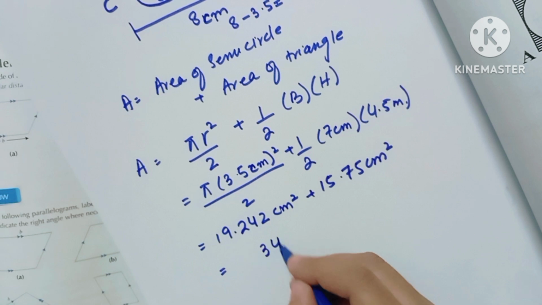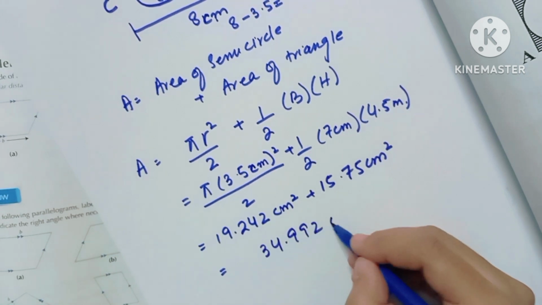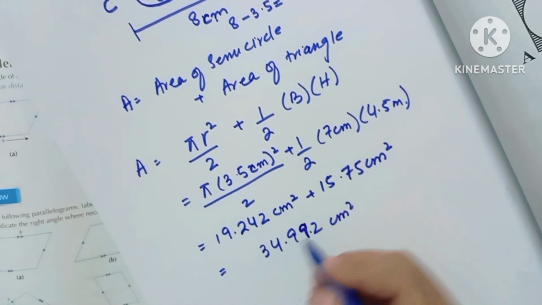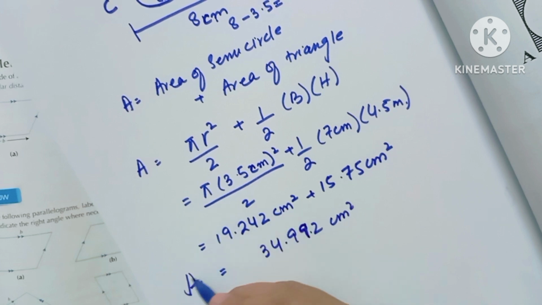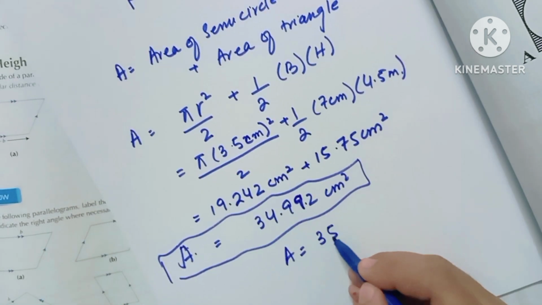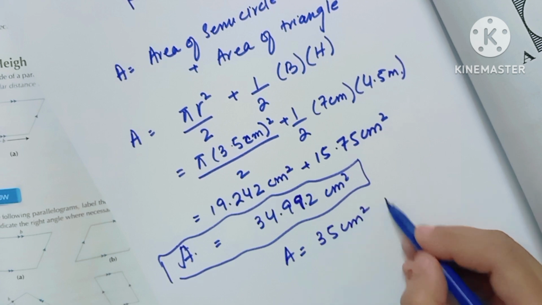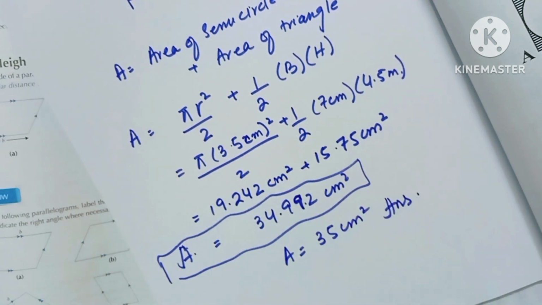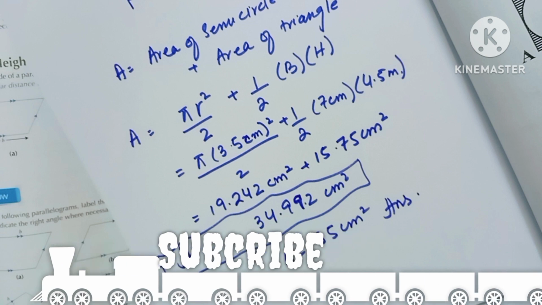That is 34.992 centimeter square. That is the required area of the given figure. And if we round this off, then A is equal to 35 centimeter square, and it can be your answer. And that is the solution of this question.